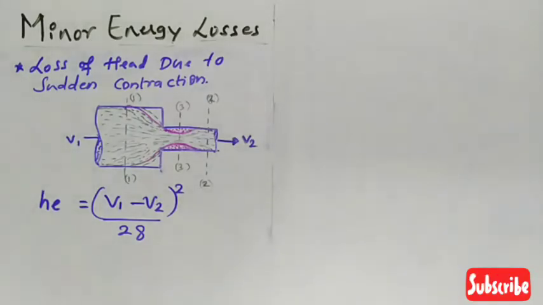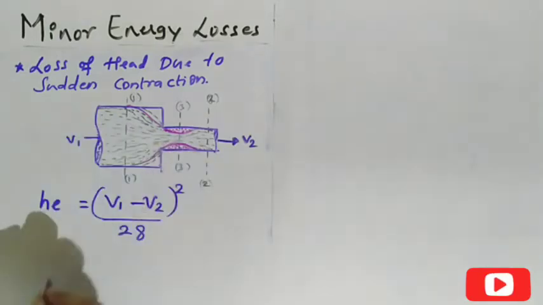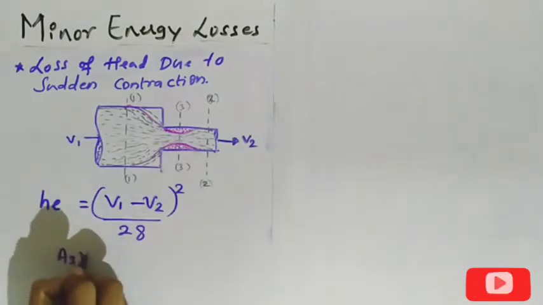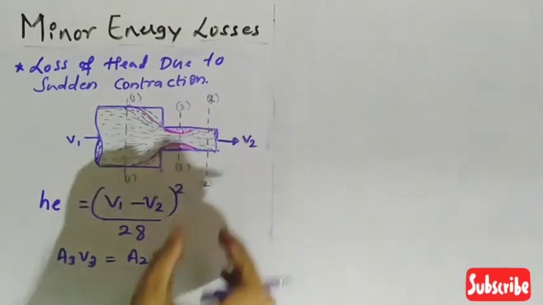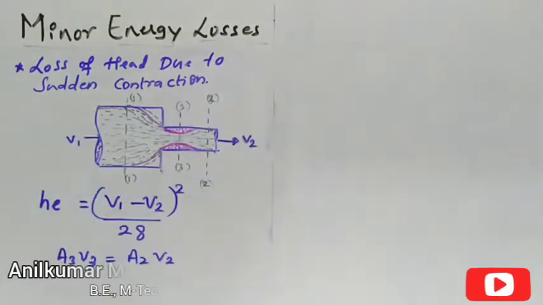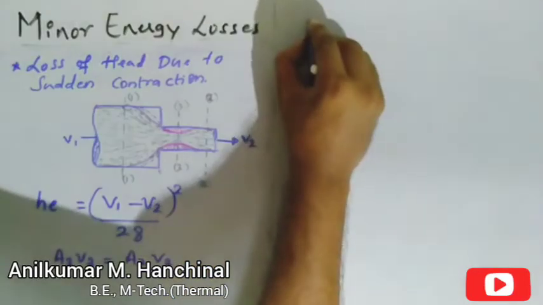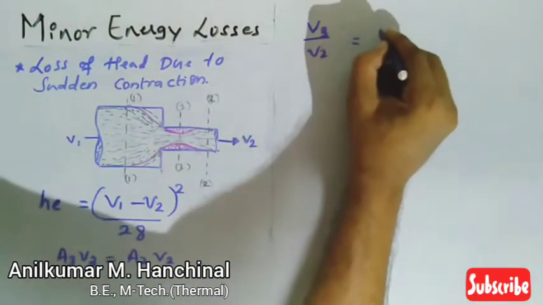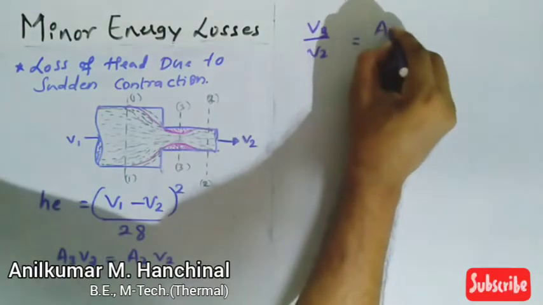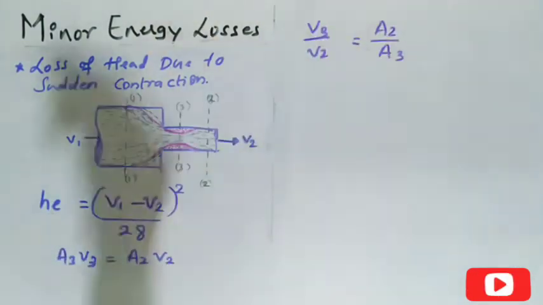Now from the continuity equation between section 1 and 3, we know that A3 V3 will be equal to A2 V2. So I can write V3 by V2 will be equal to A2 by A3.